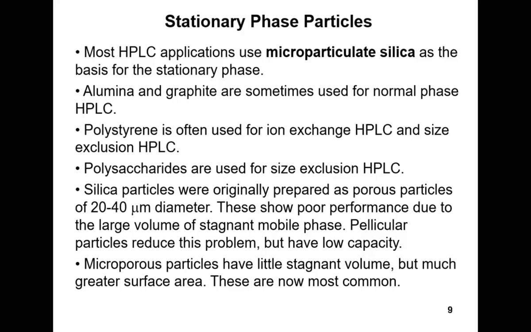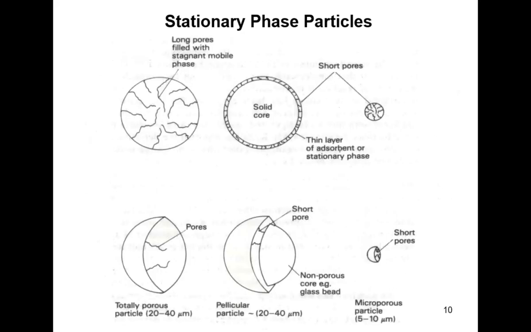And so you want to maximize the surface area to get a good efficient separation, and that's one problem with these, because large particles that are packed together will give you a relatively low amount of surface area per mass of the silica. But an additional problem is shown on the diagram here.